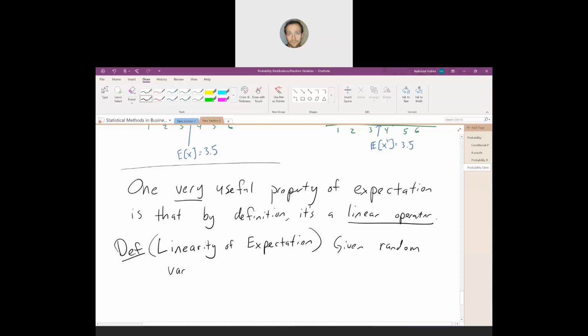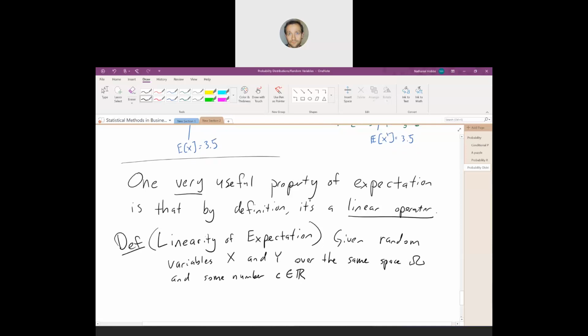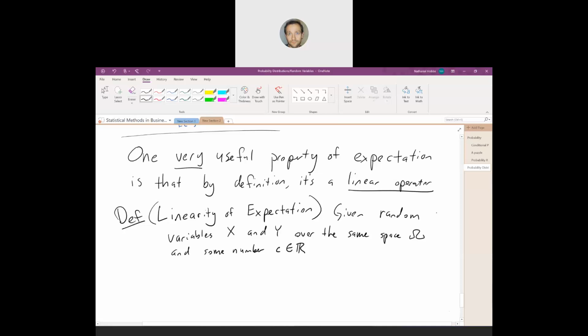Given random variables x and y over the same space omega and some number c, where c is some real number, one, the expectation of c times x is equal to c times the expectation of x.